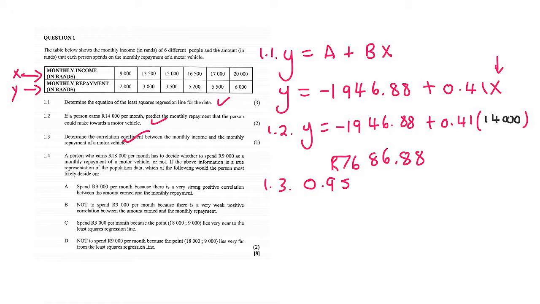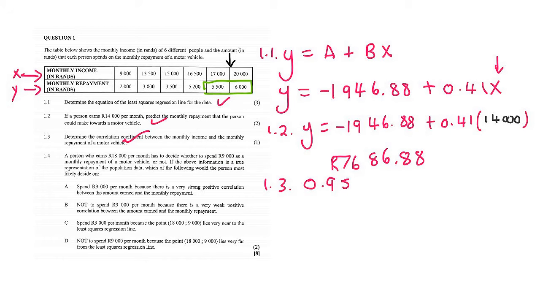For question 1.4, it's quite an interesting one. You've got a person who earns 18,000 Rand per month. So that means they are somewhere over here. Now, their monthly repayment on their car is 9,000 Rand. But guys, look here. For someone who earns 18,000 Rand per month, their monthly repayment should be somewhere between 5,500 and 6,000. So that would be about 6,750 Rand. 9,000 Rand is a lot more than that.